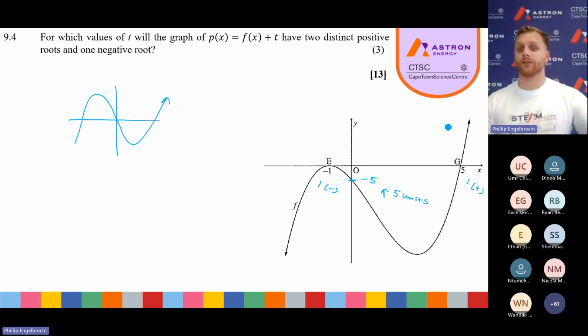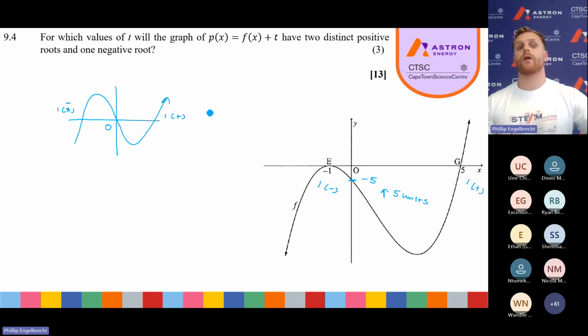It will look something like this, because then if you move it up by 5 units, it will cut through the 0 mark. Now here's the thing. That's still not good enough, because I have one negative and one positive. All right. And this is 0. And 0 is neither positive nor negative.